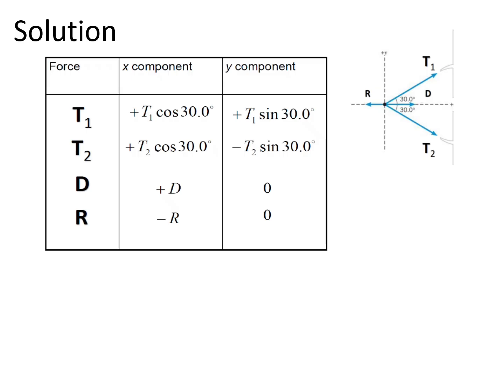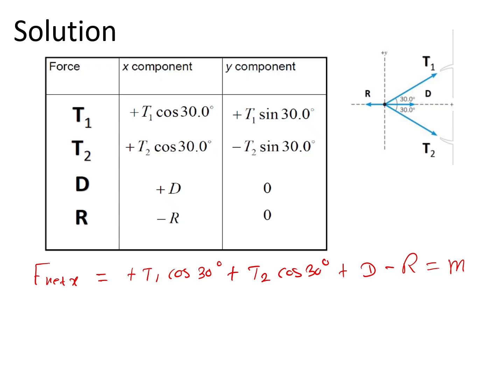With the components identified, we can write Newton's second law in the x direction and y direction. The net force in the x direction equals positive T1 cosine 30 degrees plus T2 cosine 30 degrees plus D minus R, and this equals mass times acceleration in the x direction.